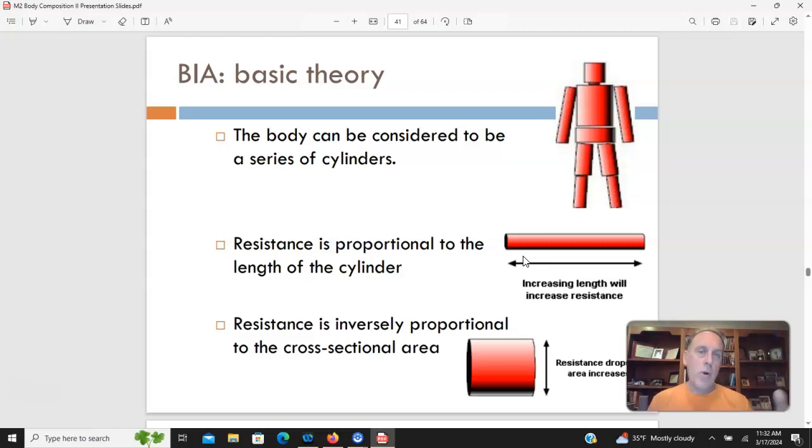So that's why part of the input is how tall are you, because it takes into account this cylindrical concept, like your body's a series of cylinders stacked on top of one another, and it's measuring how quickly that impulse goes up and back down, or in one hand, around and back down.